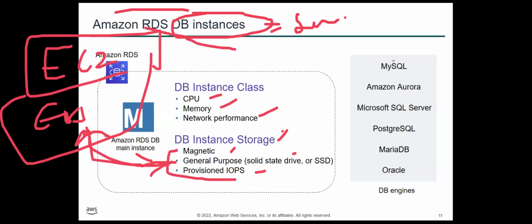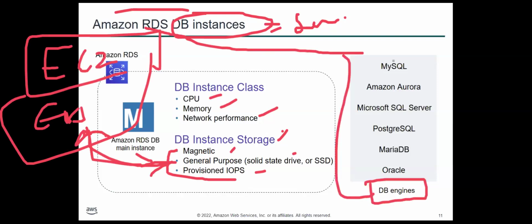Now this RDS will support only six database engines. What are those six database engines? One is Oracle, another is MariaDB, another is PostgreSQL, then Microsoft SQL Server, Amazon Aurora, and MySQL.